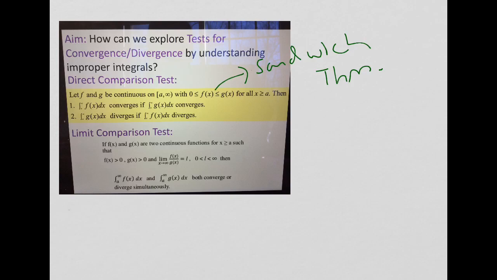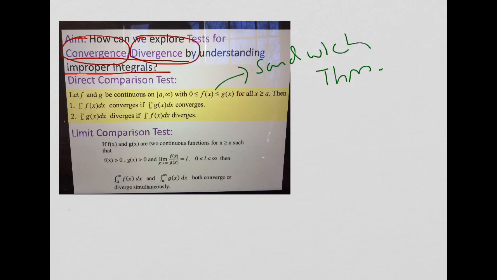If you have the integral of f of x with respect to x from a to infinity, this is improper integrals. And that's why we're looking at doing these tests, because in the other lessons there were times where your integral converged and you got an answer for it, and other times it was diverging and you weren't getting an answer.